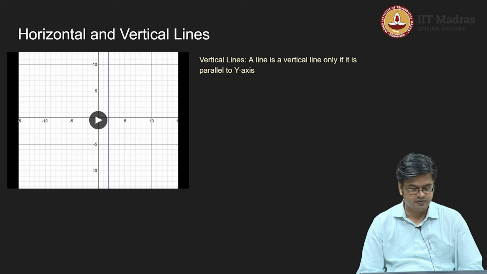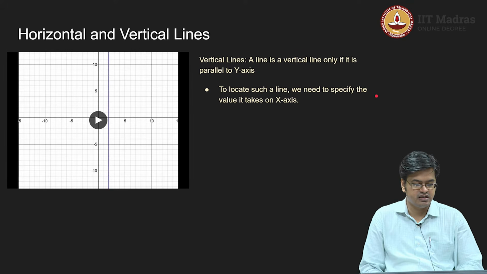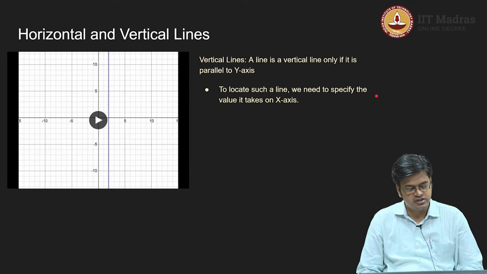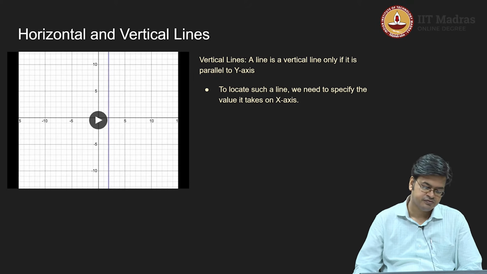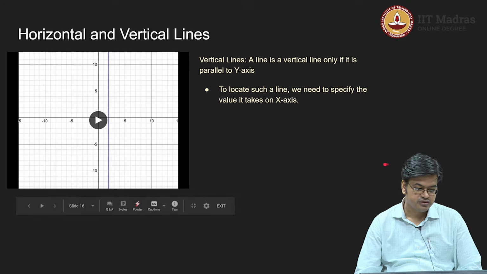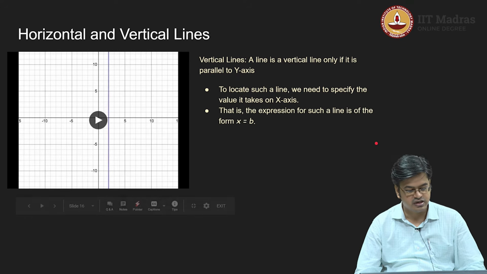Now, to specify the location, what do I need? To locate a line, I need to know the distance of this line from the y-axis. That essentially means what value it takes on the x coordinate or x-axis. So how will you identify this? You just need to identify one point on this particular line.